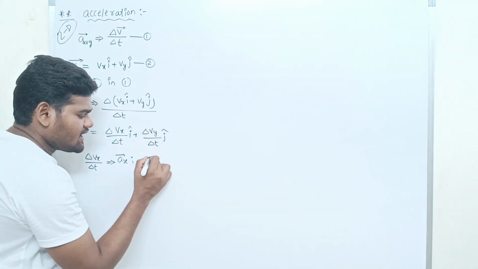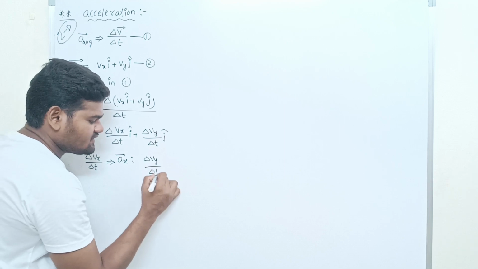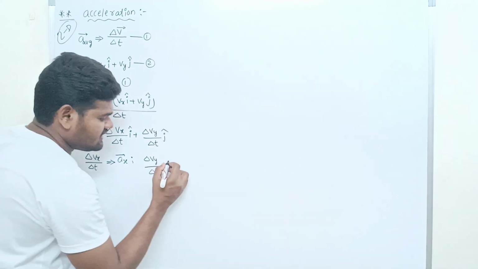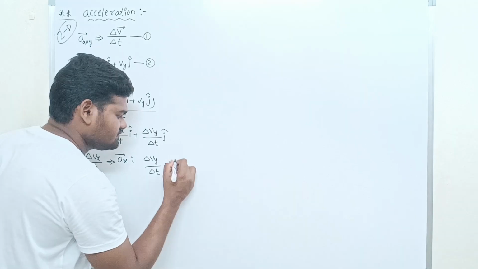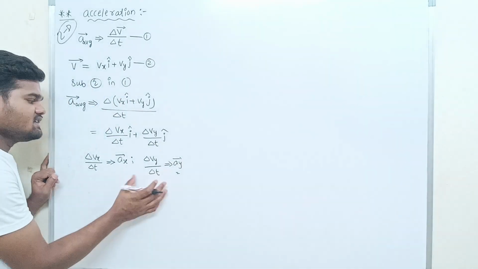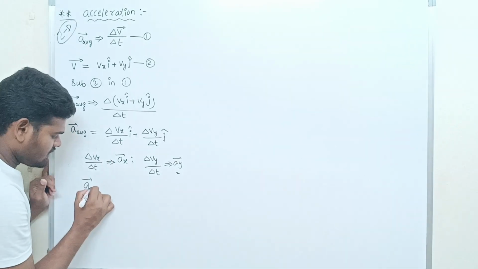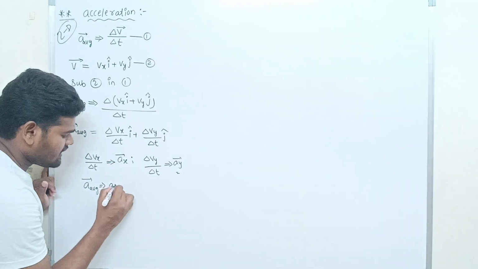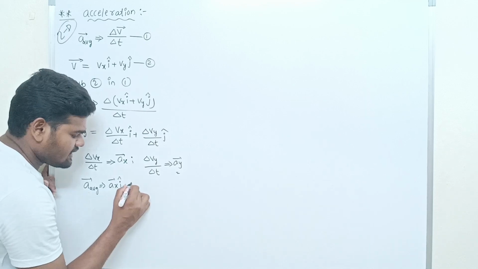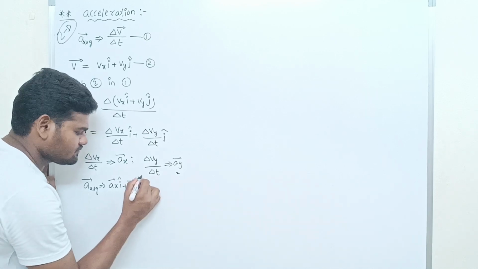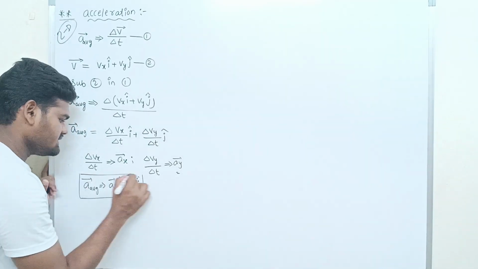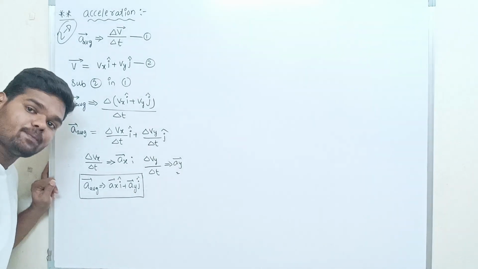So delta vy by delta t, the rate of change of the velocity of the particle along y direction, gives ay. Just substitute here. Then we got average acceleration equals ax i cap plus ay j cap. So this is the average acceleration of the particle.